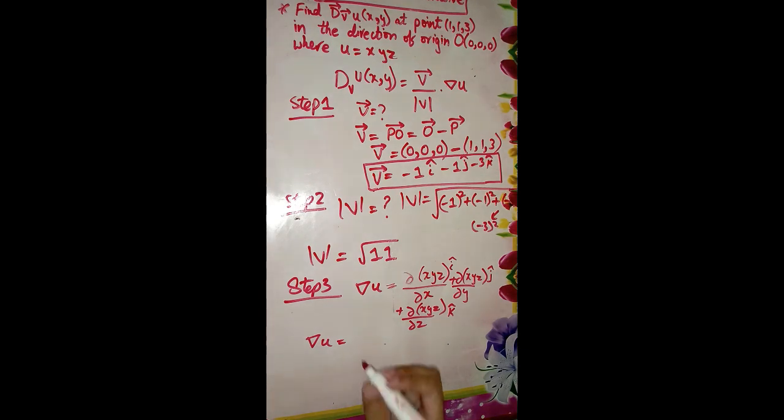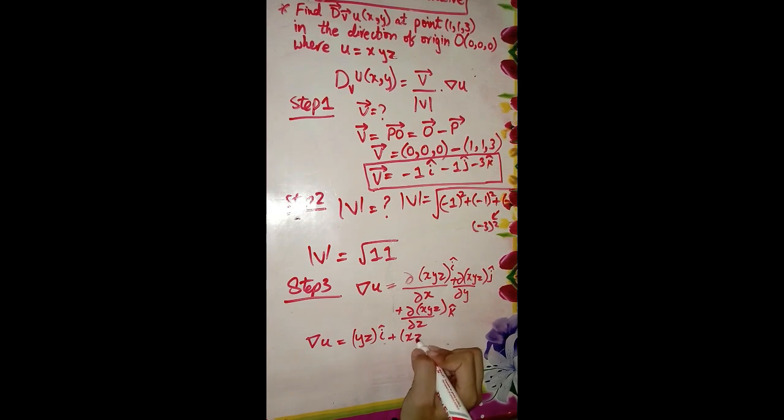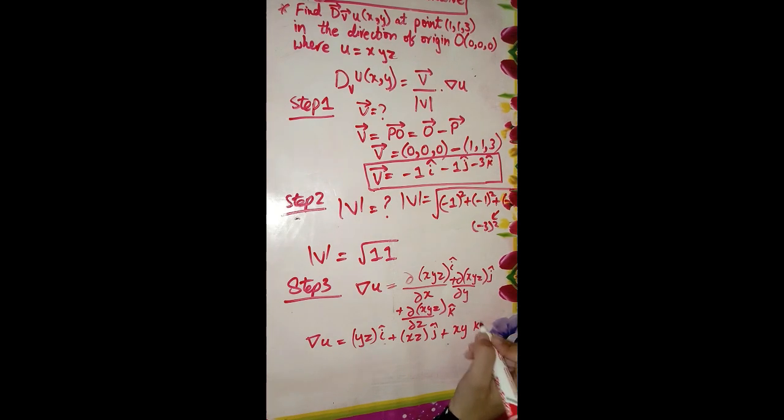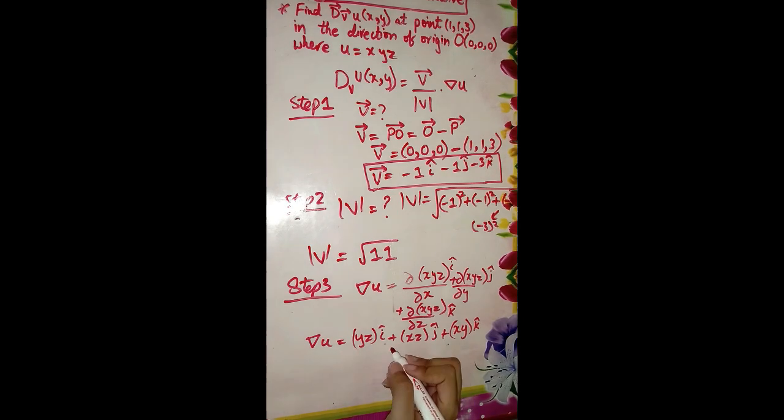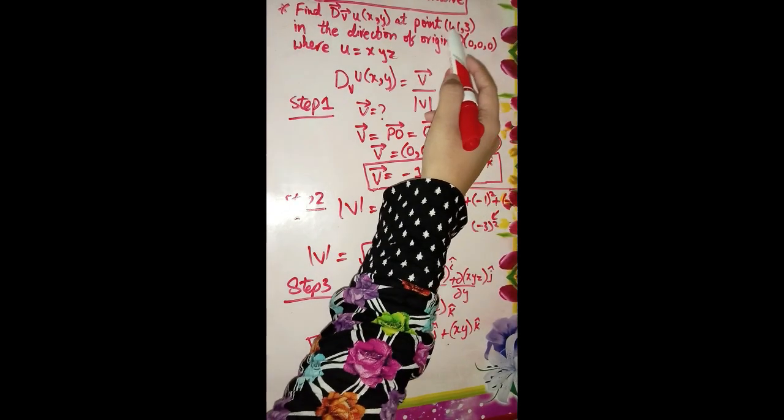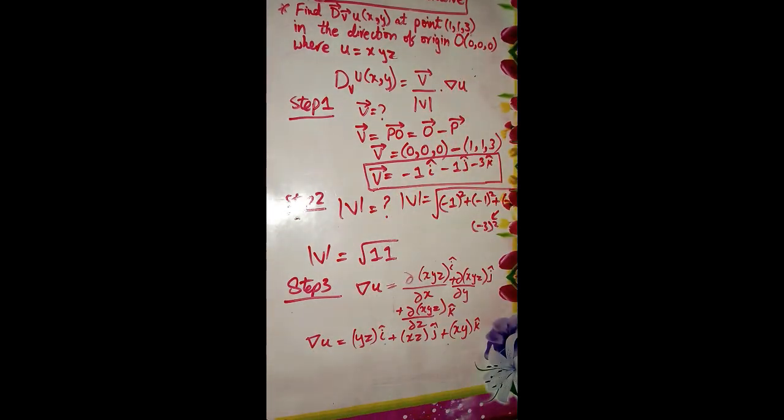Del u is equal to yz in the i hat direction plus xz in the j hat direction plus, and partial of xyz by partial of z means xy in the k hat direction. Now we have to put these given values 1, 1, 3 at the place of x, y and z.